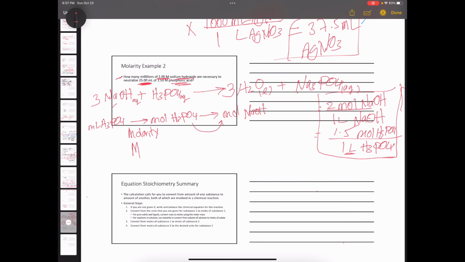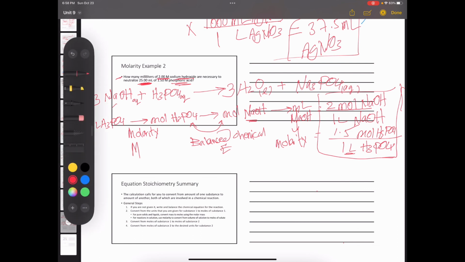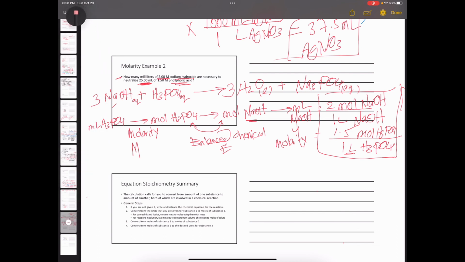And this will be coming from the balanced chemical equation. Once I have moles of NaOH, I'll convert that into milliliters of NaOH. And once again, this will be done through molarity. Okay, let's now try to do all these calculations together and execute our plan.